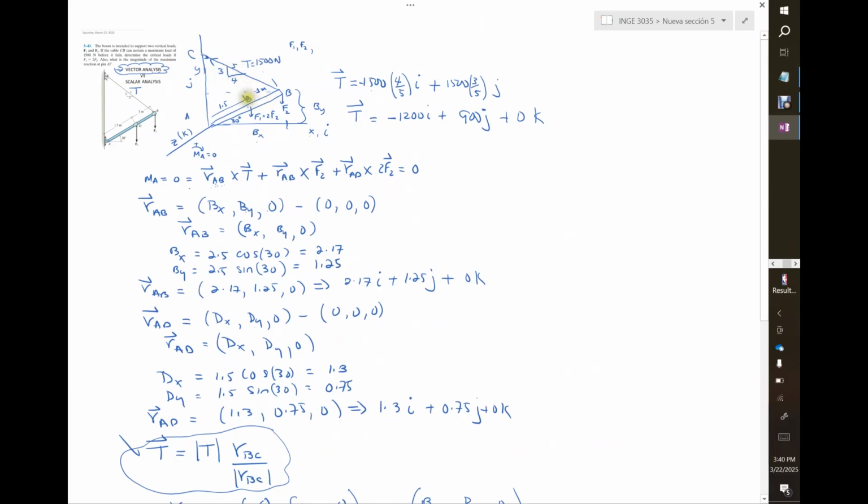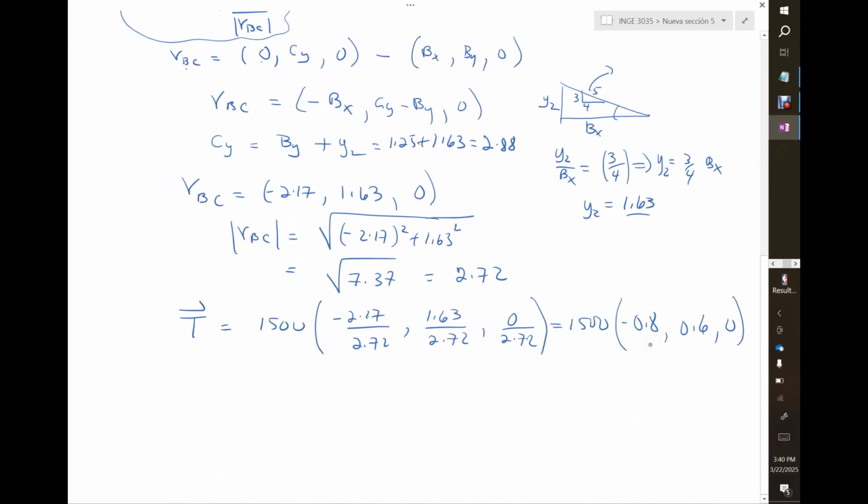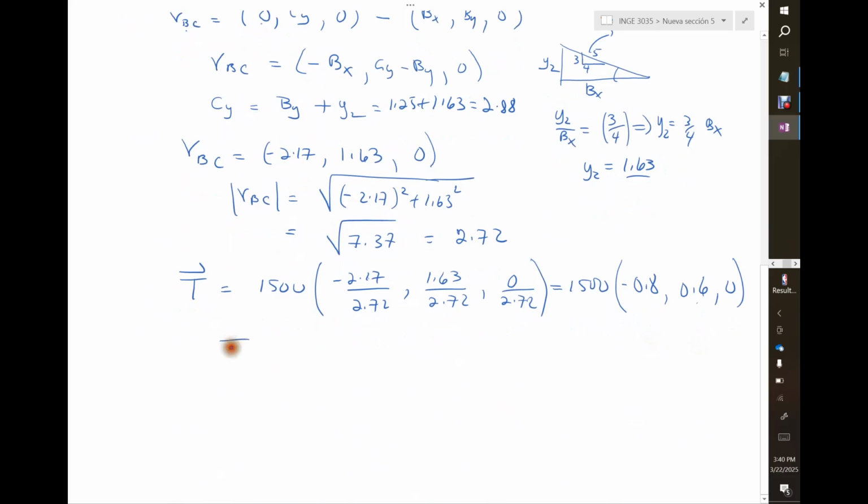But when you are interested in the x direction, that's going to be 4/5, and that 4/5 hit the minus 0.8, and the 3/5 hit the 0.6. So eventually the vector ends up being about 1200 on the i plus 900 on the j. It took a while, right?